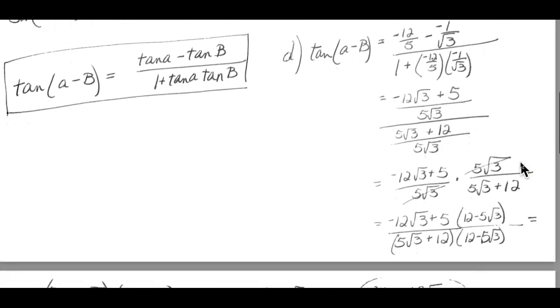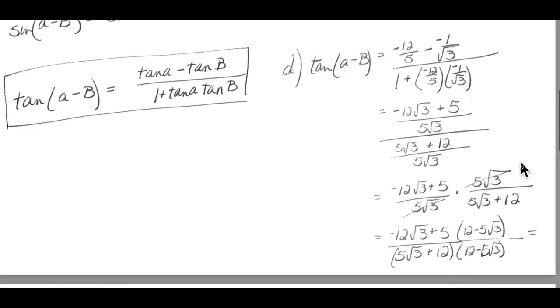Let's see if I can get it all on there. Don't think I can. Anyway, the tangent of alpha minus beta, if you'll notice here, is this rule: tangent alpha minus tangent beta over 1 plus the tangent of alpha times the tangent of beta.